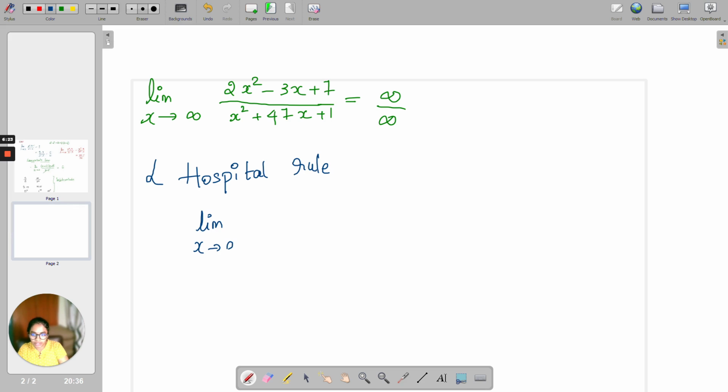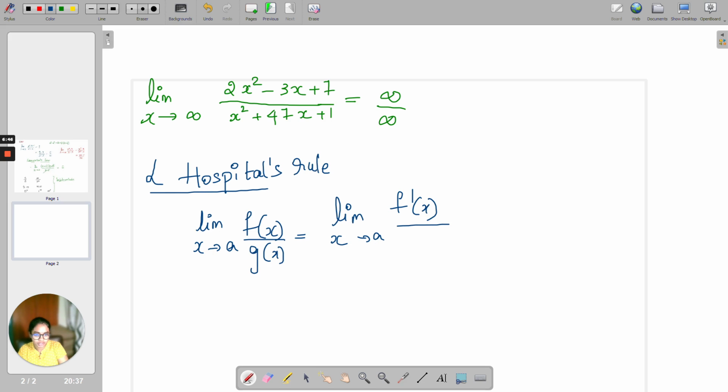Limit x tends to a of f of x, and let me take g of x too. L'Hospital's rule says that you just differentiate the given functions, and then apply the limit, and you would get your answer.